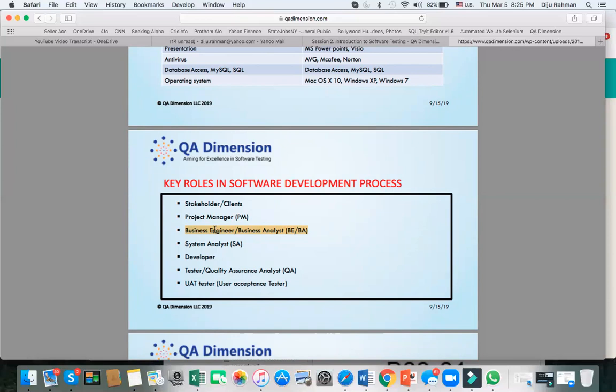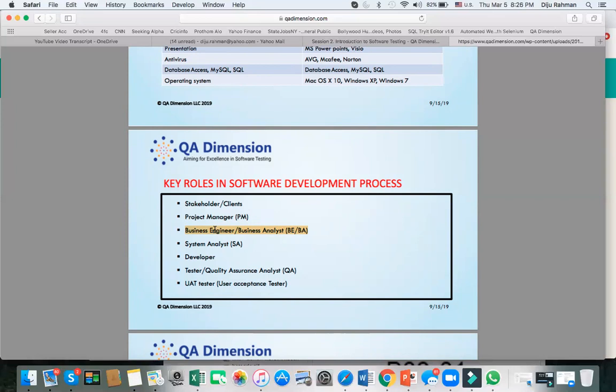That person is going to say how the house needs to be built: what the dimensions of the house should be, the height, the length. He will provide that information. He will start gathering it by talking to the client, in this case the person who is building the house, right? You'll go and ask how many bedrooms you want, how many bathrooms you want, right? He will be gathering that information from the client.